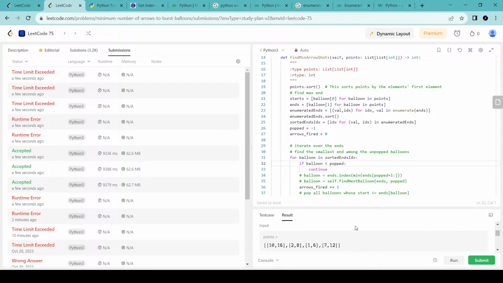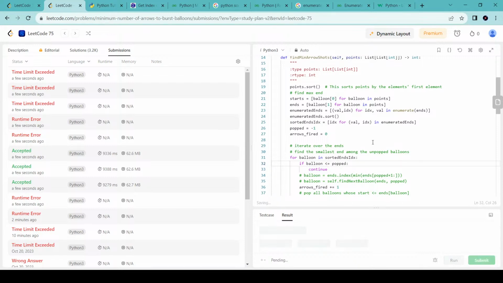No, not correct. Oh, smaller or equal to pop.